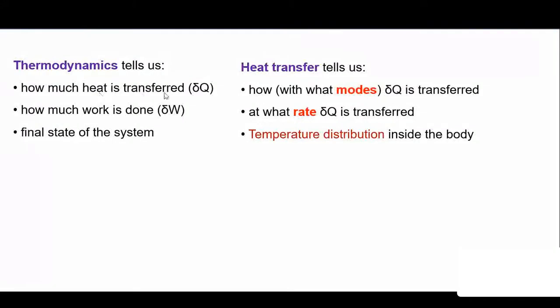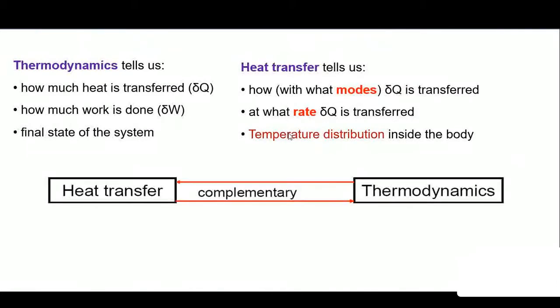The amount is obtained in thermodynamics, but at what rate it is getting transferred with respect to time, and how the temperature varies inside the body during that heat transfer process. So all these answers, that is how, at what rate, and what is going to be the temperature difference, we are going to get through the study of this subject called heat transfer.